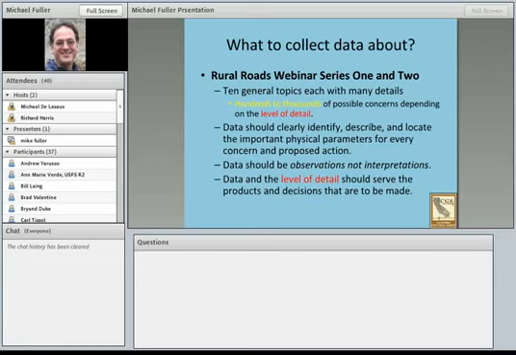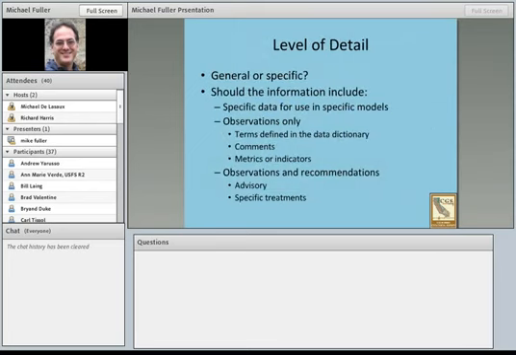In this webinar series, we have discussed 10 general topics, each with many details. The list of possible things to collect data about is quite long. Decisions as to what is important and the level of detail greatly affect the efficiency of a road assessment. The level of detail should be enough to satisfy the project's needs.